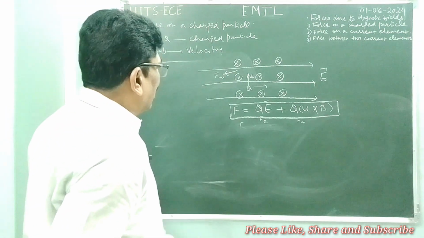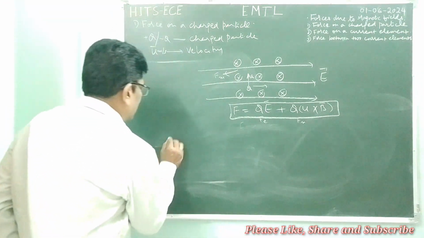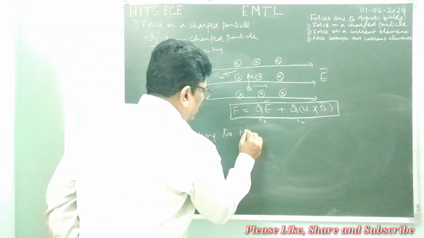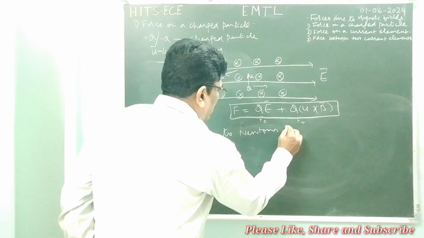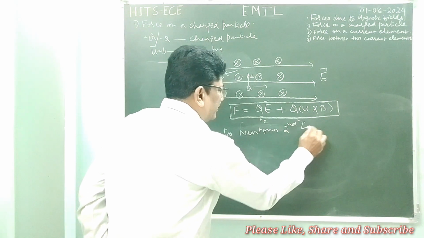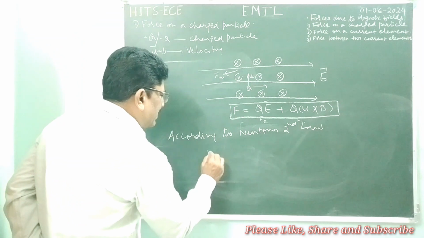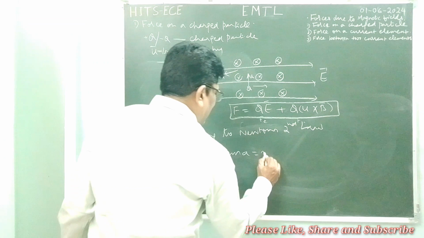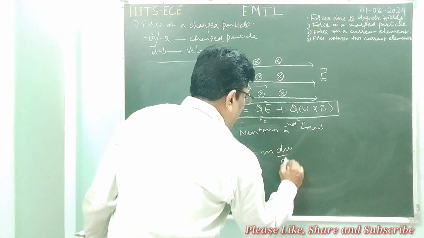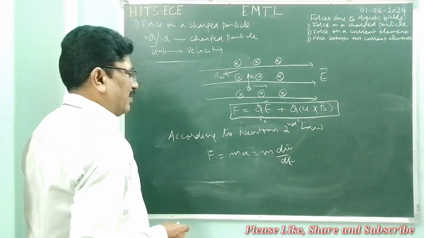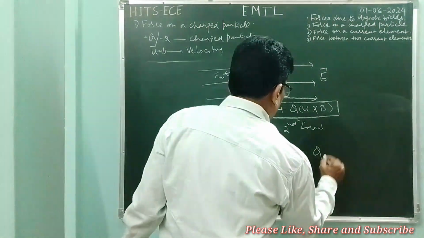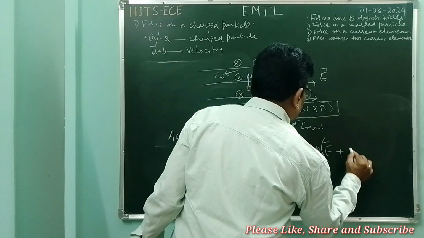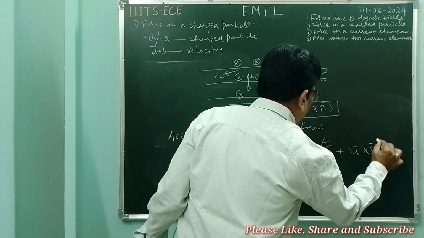According to Newton's second law, F is equal to ma, which is equal to m into du by dt, the rate of change of velocity, which is equal to q into (E bar plus u cross B bar).